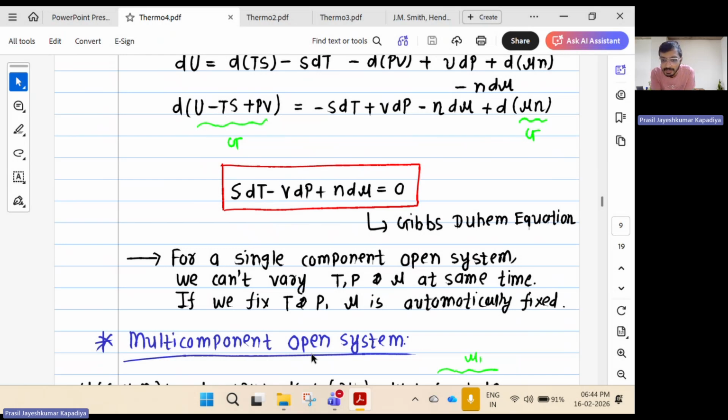So any system cannot have T, P and mu all independent: if T and P are fixed, mu is automatically fixed; if P and mu are fixed, T is automatically fixed; or if mu and T are fixed, P is automatically fixed. This is the Gibbs-Duhem equation, a very important finding.